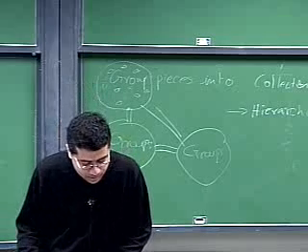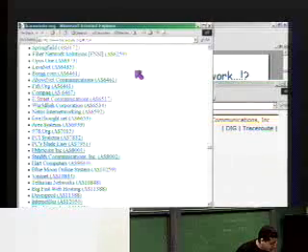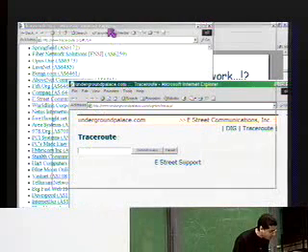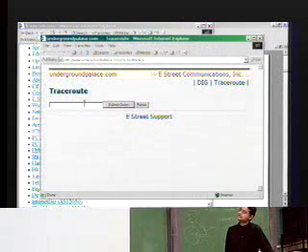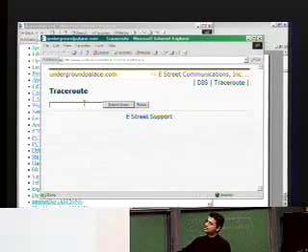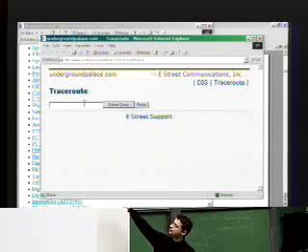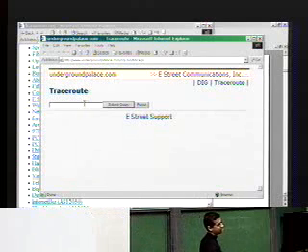So you go to a link here, you come to a traceroute server, and what you can do is find out the route that is taken by packets from that server onto any other node on the internet.